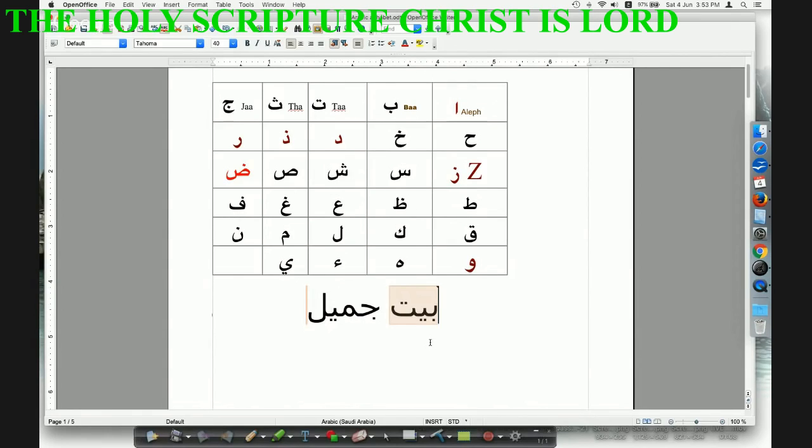In English, you do the opposite. In English, you say Jamil Bayt, which means beautiful house. In Arabic, it's the opposite. You write the thing you want to describe first, and the description comes after, not before.